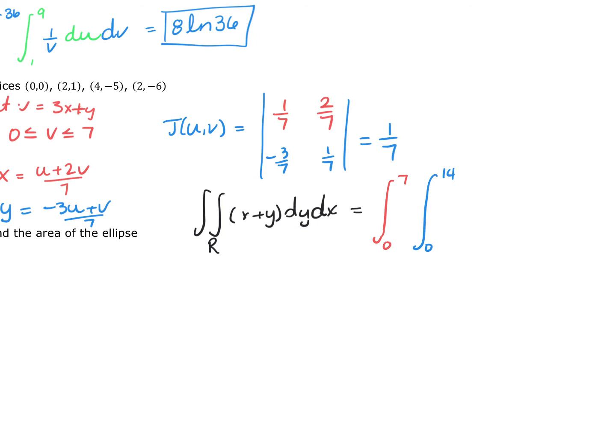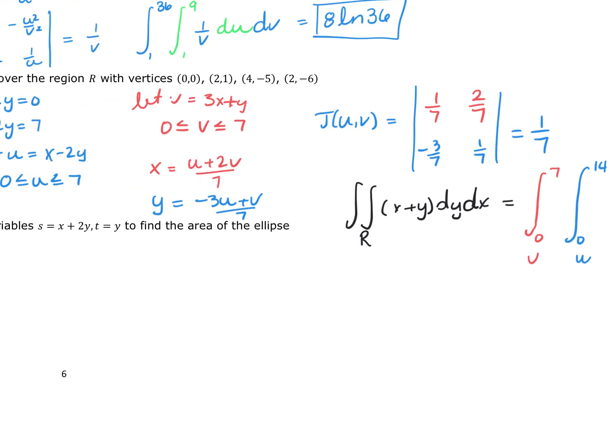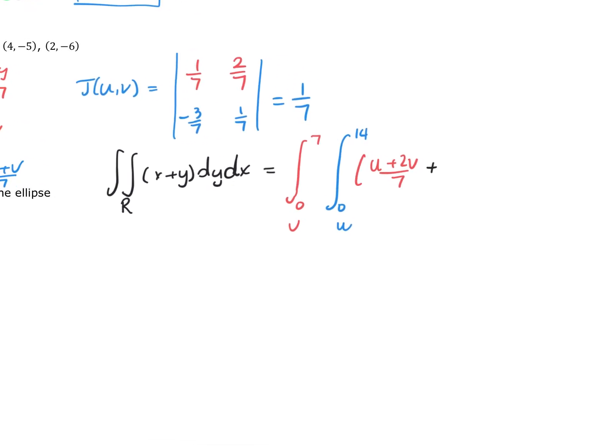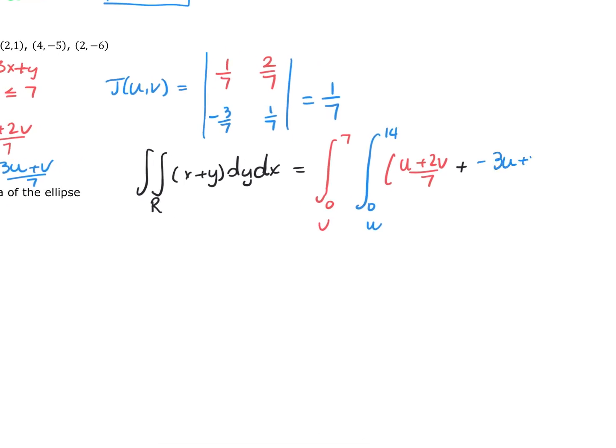This is my u and this is my v. Now I have to replace my x with (u plus 2v) divided by 7, plus my y, which needs to be replaced with (negative 3u plus v) divided by 7, du dv.